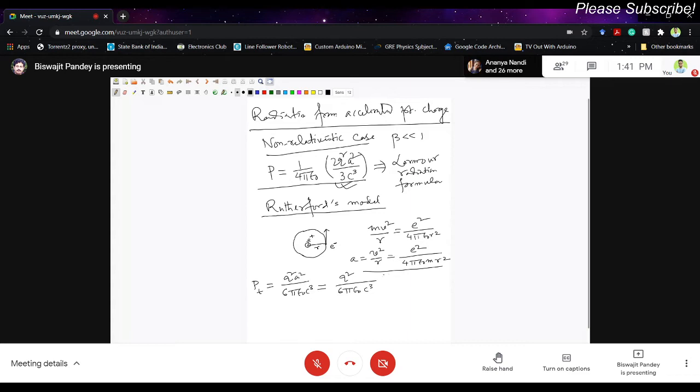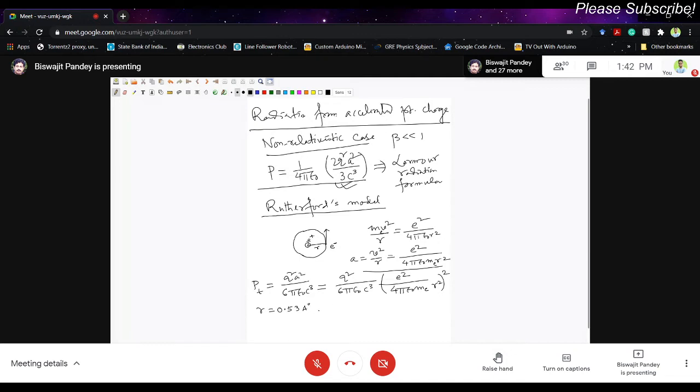So this is simply e square divided by 4 pi epsilon 0, times the mass of the electron, m_e, into r square, to the whole square, the square of that. In the case of the hydrogen atom, we know the radius of the first Bohr orbit, which is r equal to 0.53 angstrom. So let us take the first orbit.